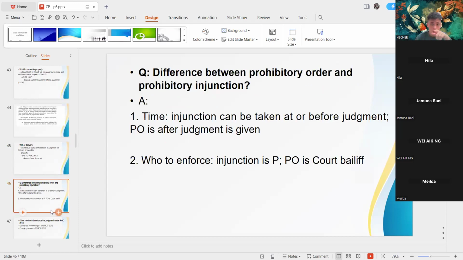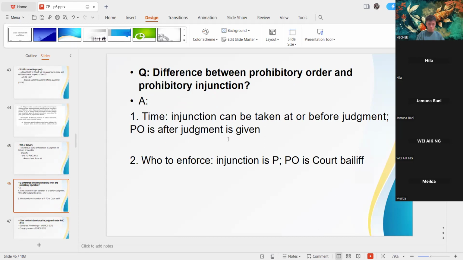I think I have said this just now, the prohibitory order and the prohibitory injunction. The first thing is the timeline. An injunction can be applied for before or during the trial, so before the judgment.